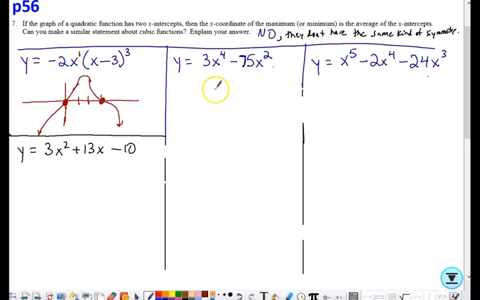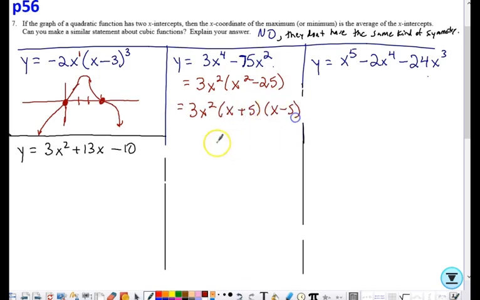All right, for the middle one, there is a greatest common factor of 3x squared I can factor out. Then I have to factor again. I have a difference of squares that keeps factoring. So I have a 0 at 0, at 5, and -5.